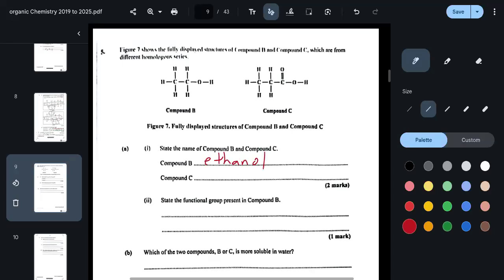And compound C? Sir, propanoic acid. Right. Propanoic acid.